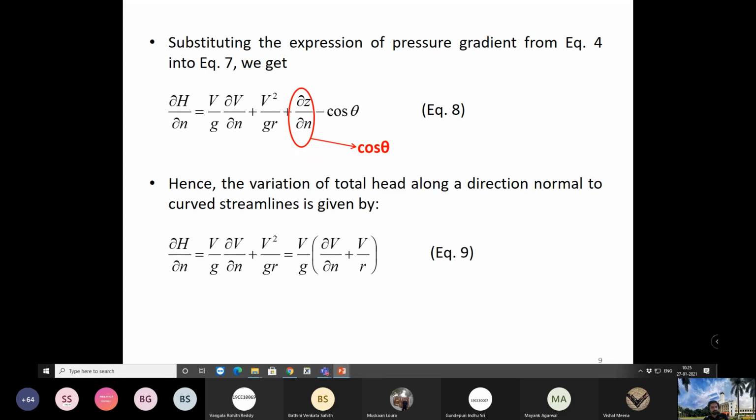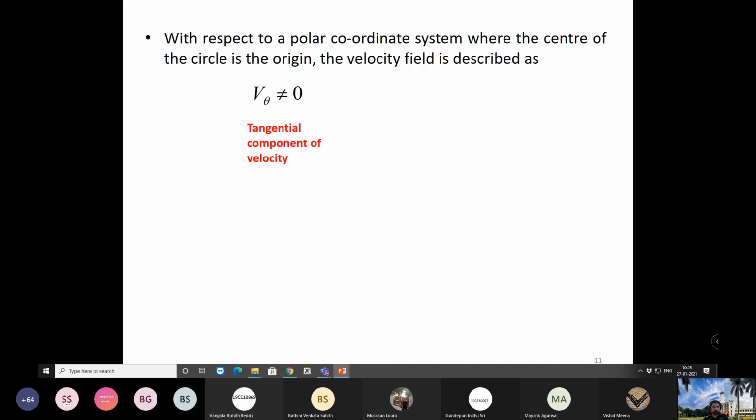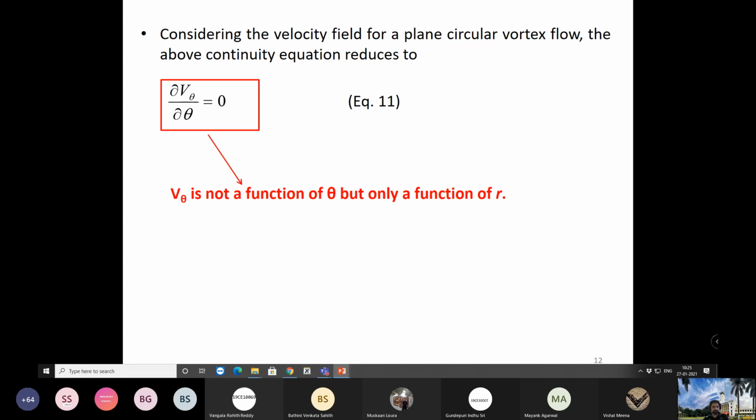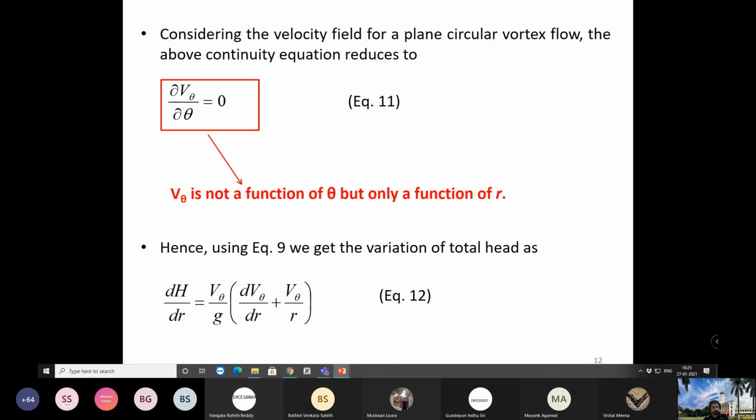del H by del n is equal to V by g, del V del n plus V by R. So if we use this equation, we can write dH by dr, because n is the r direction. So instead of n, we are using r.